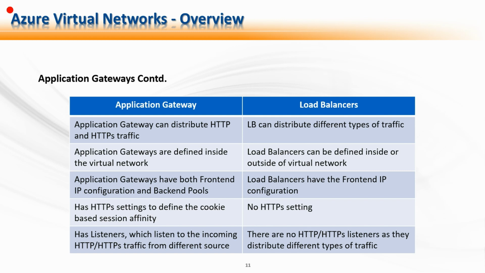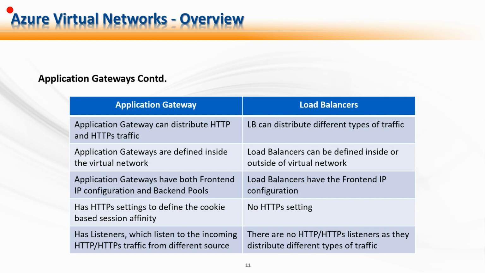The application gateway can distribute only HTTP and HTTPS traffic, whereas the load balancers can distribute different types of traffic. The application gateways are defined inside the virtual network, and one thing in particular to be kept in mind is that they need a different subnet within the virtual network. Whereas the load balancers can be defined inside or outside of the virtual network.